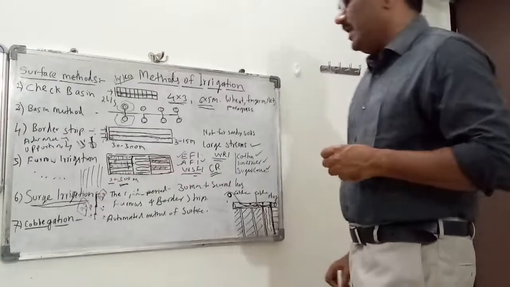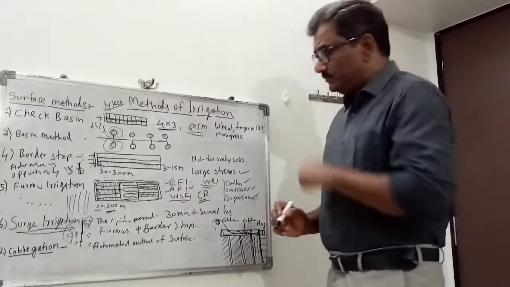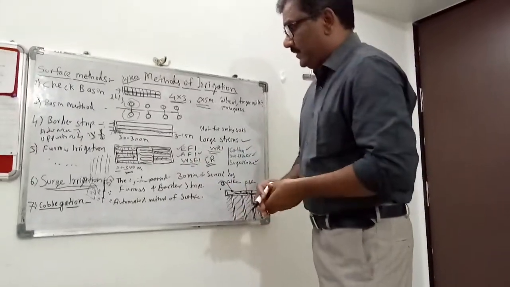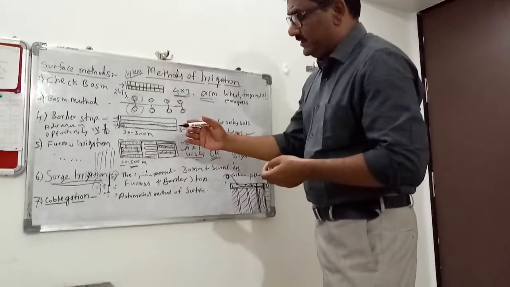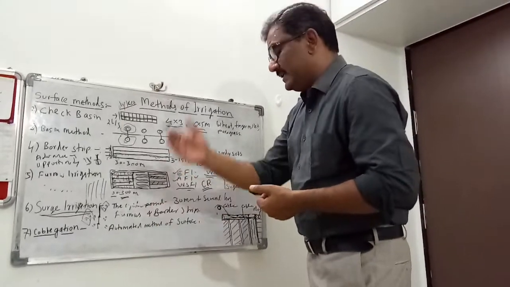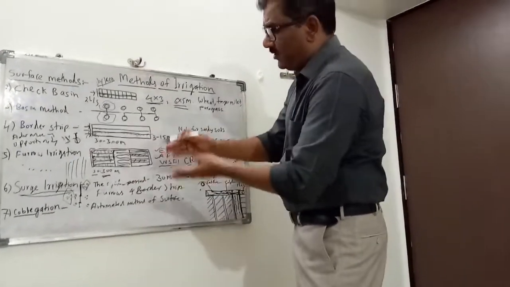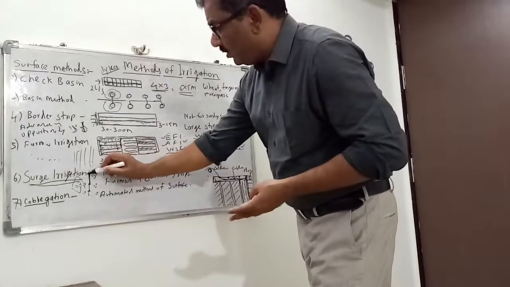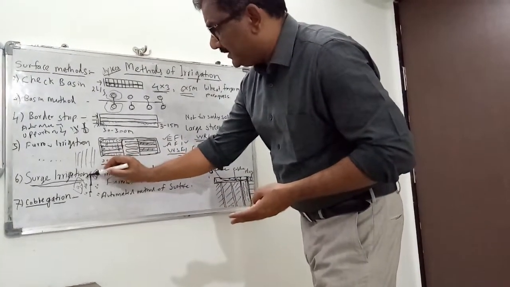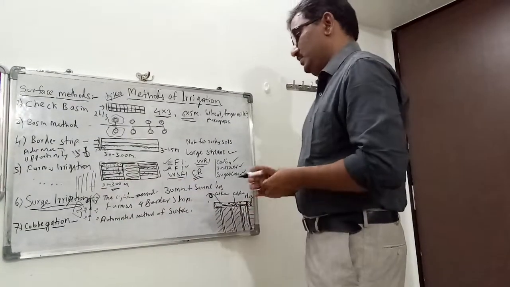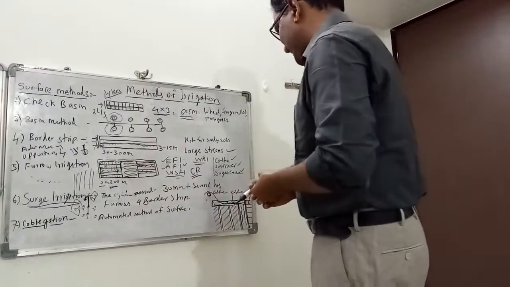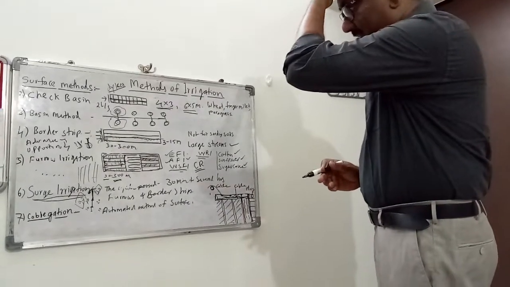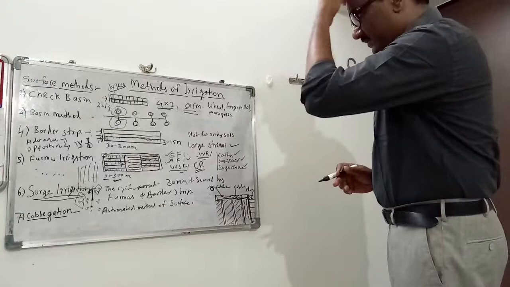What we are planning is to reduce the total water opportunity time by making surface flow faster than the previous one, because if we apply water continuously for 1.5 hours, there will be more loss of water below the root zone at the initial period. To reduce this, surge irrigation is practiced. The cycle period may be 30 minutes to several hours.